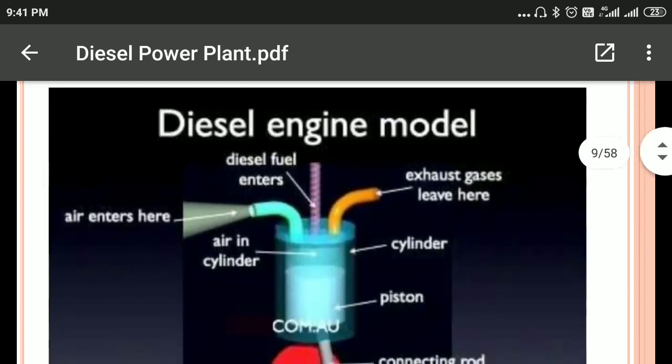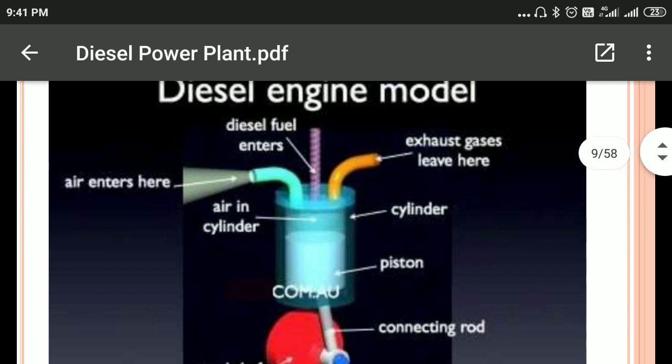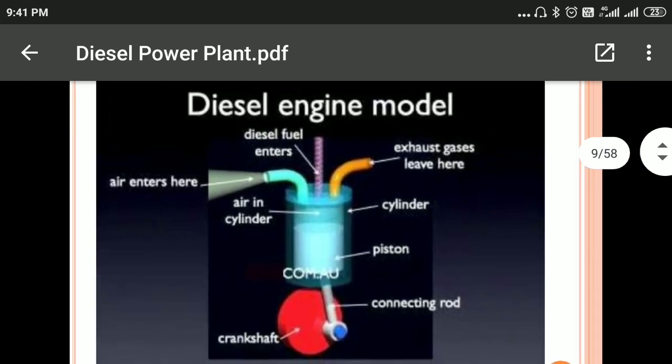The diesel engine model is given here. Air is coming in from the intake manifold, and a fuel injector is provided there. When the compression stroke takes place, the air is compressed to high pressure, because we know that a high compression ratio is required in the diesel engine for self ignition.